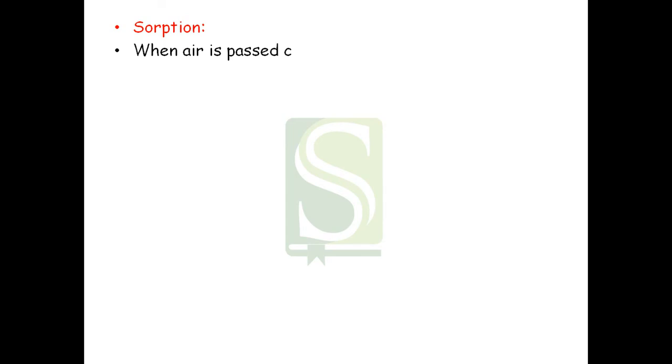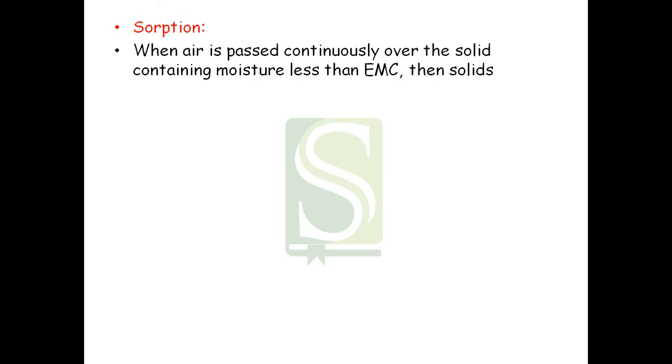Now let us see what is sorption. When air of constant temperature and humidity is continuously passed over the solid which contains moisture less than EMC, then the solid absorbs water continuously till EMC is reached. As we have already seen, EMC is that amount of water which cannot be removed easily from the material.